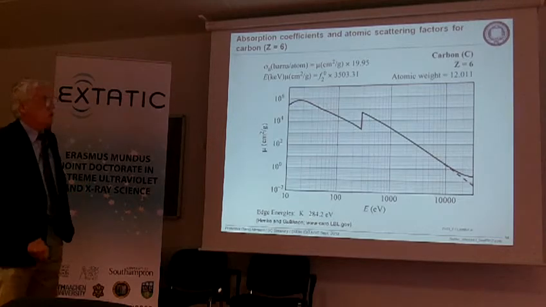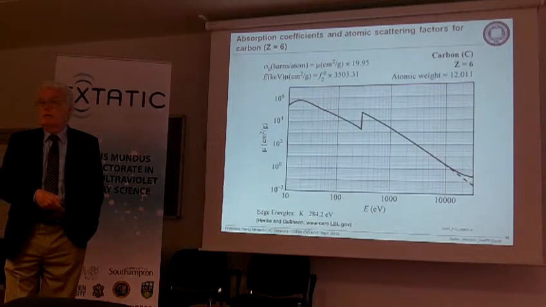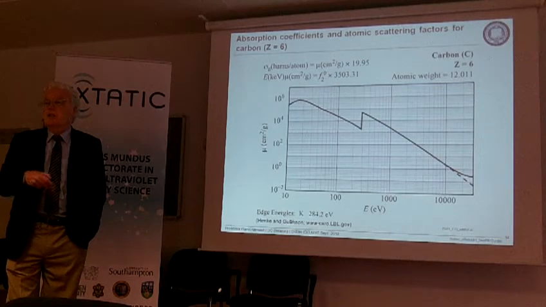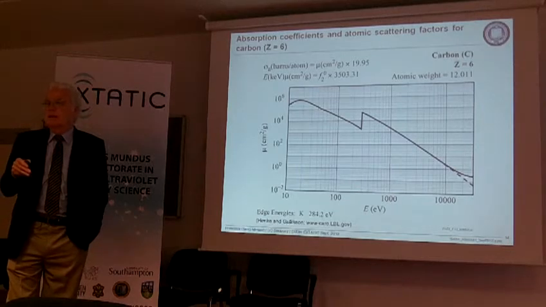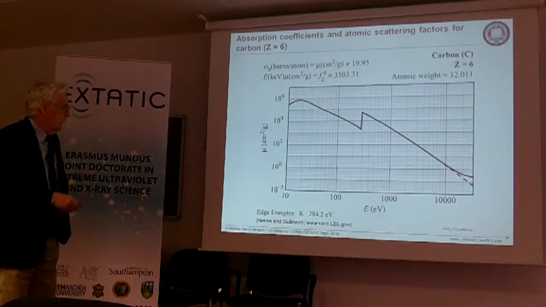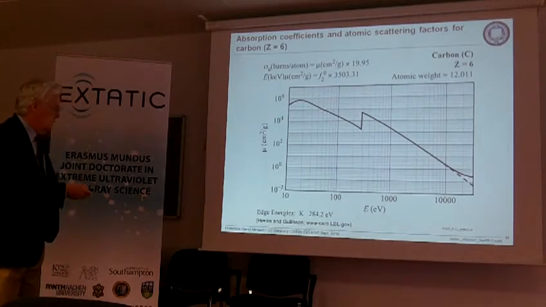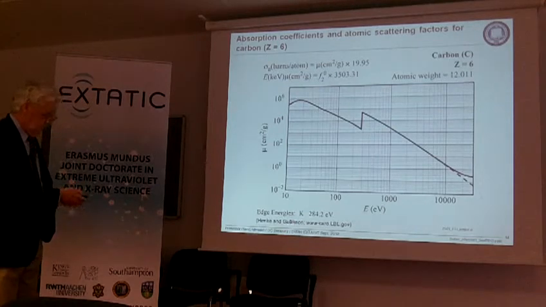Okay, and I'm going to show you some other curves in a moment. I'm going to choose silicon and molybdenum because they form the combination of this multi-layer pair that works so well below the L edge. But anyway, so you can see how that goes. And so here's the K edge of carbon shown here. Okay, that would be right here.